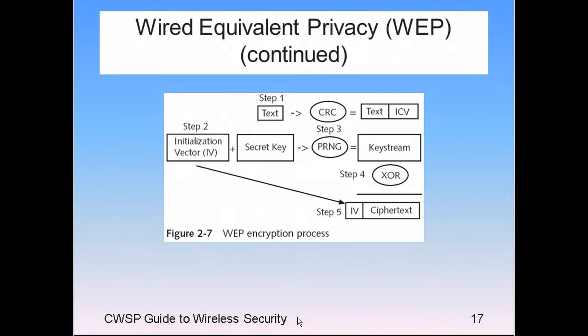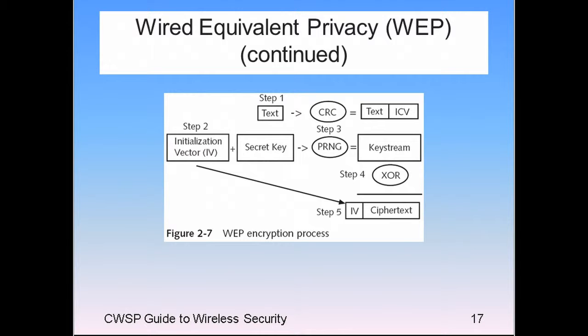This is a picture of how this thing works. We have step 1, we have our text. CRC is a cyclical redundancy check, which is going to give us some information about the text itself. It is a checksum based on the content.